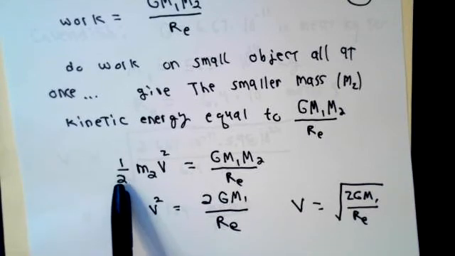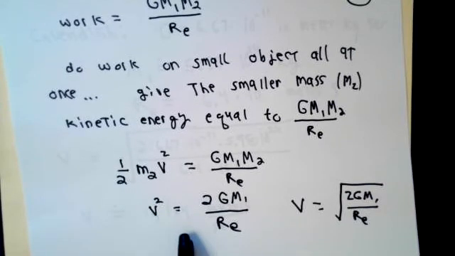You can multiply through by 1/2 and find out that v squared is 2G times the mass of the big object divided by the radius of the Earth. Then take the square root, and you found this critical velocity beyond which the object will move arbitrarily far away from the center of the Earth.